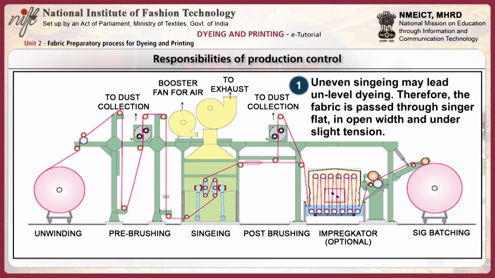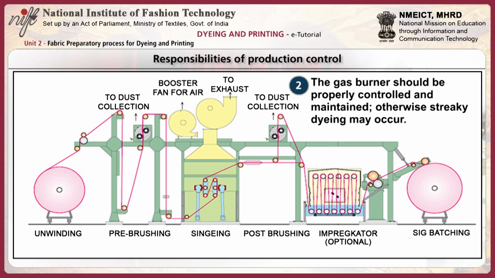Uneven singeing may lead to unlevel dyeing. Therefore, the fabric is passed through the singer flat in open width and under slight tension. The gas burner should be properly controlled and maintained, otherwise streaky dyeing may occur.